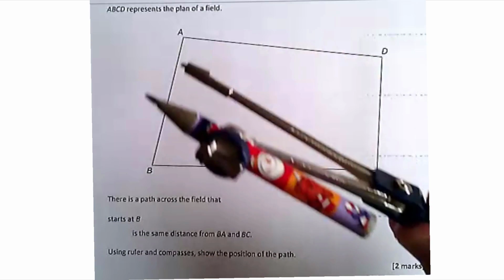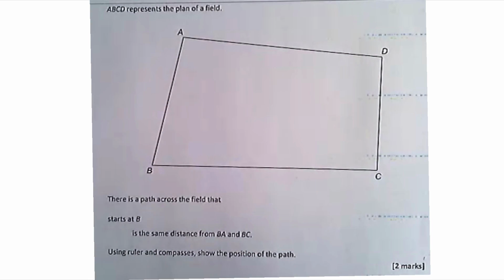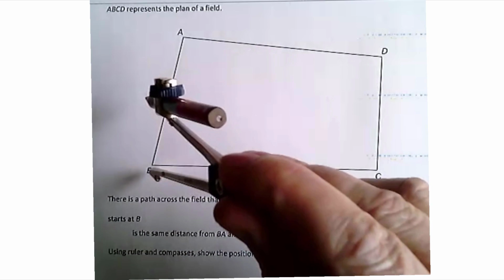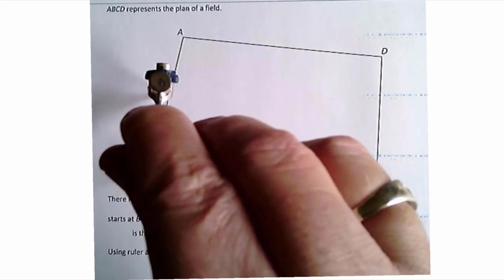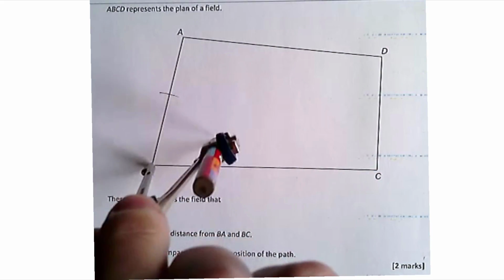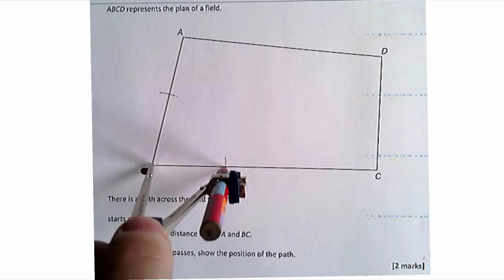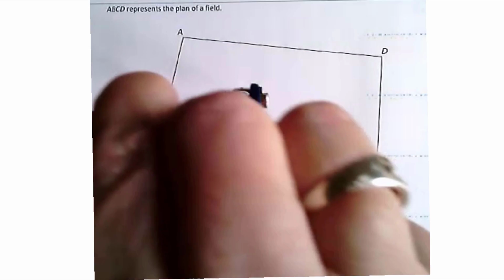Right, what we need to do is to create an angle bisector at B. So putting your compass point at B, draw an arc that crosses BA and BC at the same distance, without changing the aperture, and then move the compass point to the mark that you made and draw a mark in the middle. Sorry, I can't really see that very well.